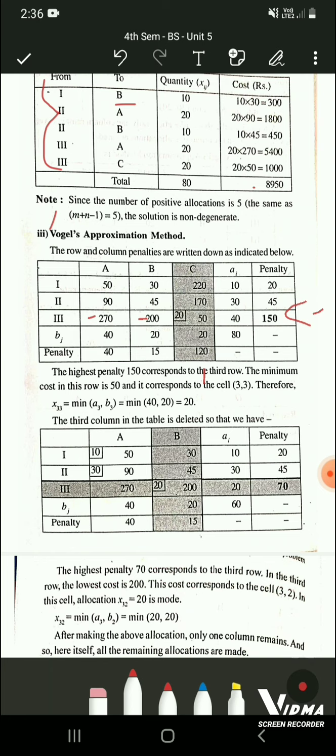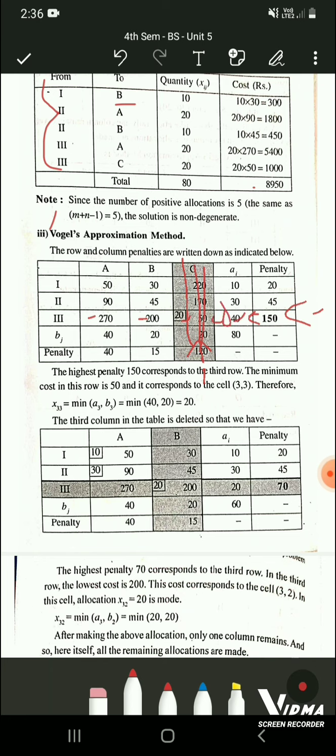Therefore you have to check between the corresponding AI and BJ value, whichever is the minimum, that value has to be allocated. Hence we are allocating 20, so in this box write 20. So this entire column is deleted and here AI value will be 20.